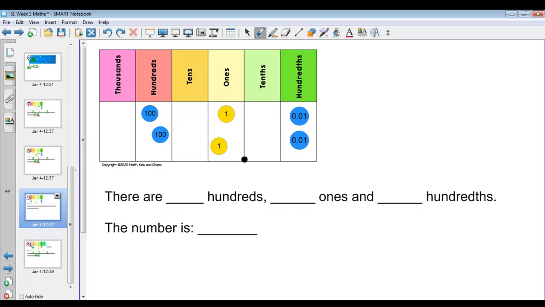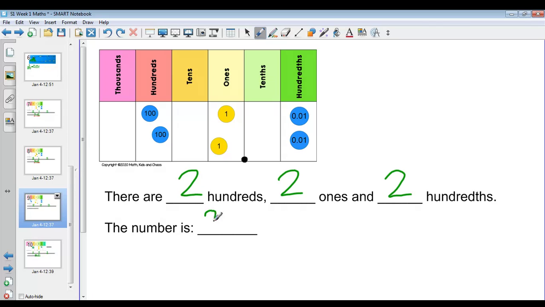Now I've changed my place value table. You'll notice some columns have nothing in them. Well, what have I got? I've got 2 hundreds, 2 ones, and 2 hundredths. Now a silly answer to this would be to say the number is 222, but that's wrong.